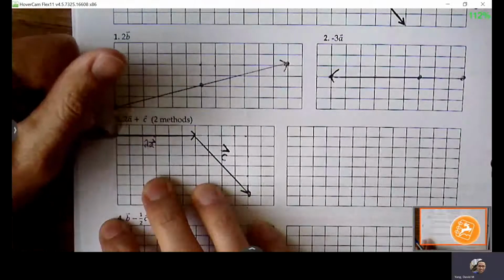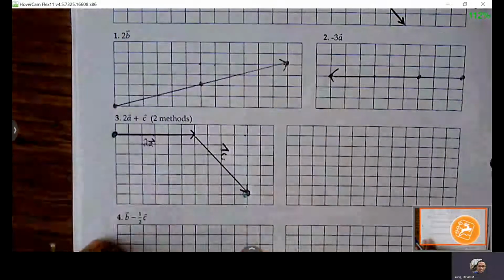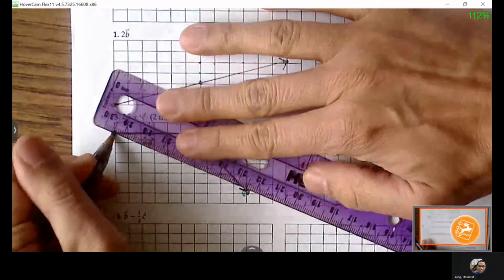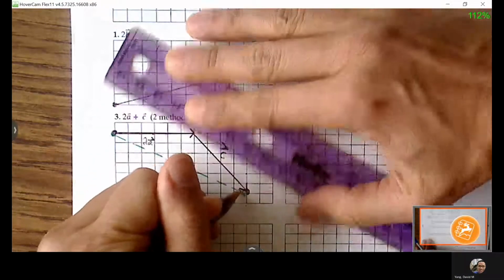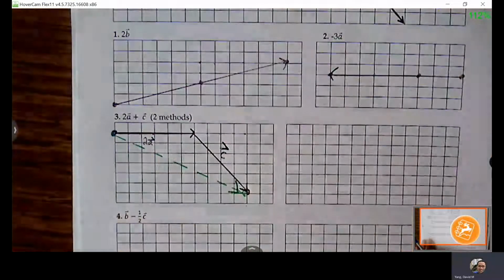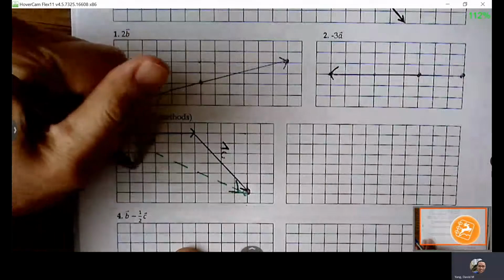So I'll start here and end here, and I'll use a different color. Okay, that's my resultant vector. This is the result of 2A plus C.